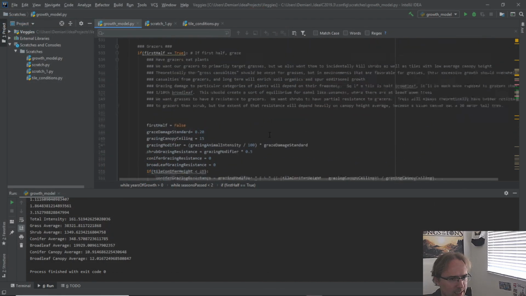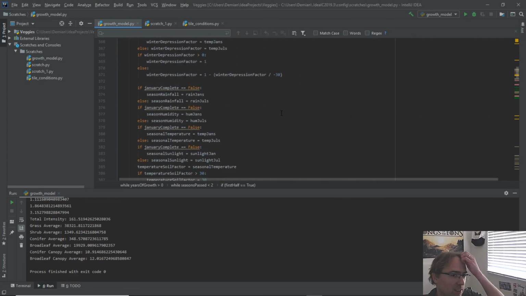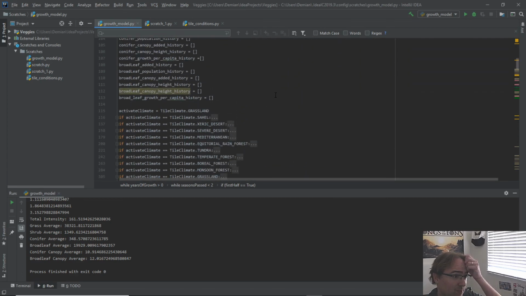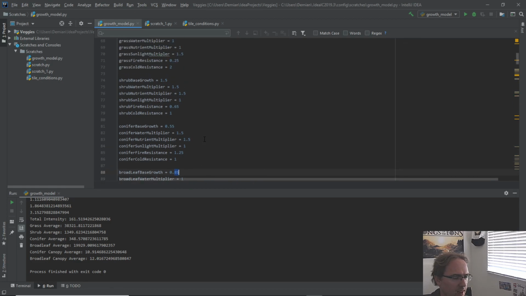It seems like, let's play around with a few things. Broadleaf base growth isn't that high.